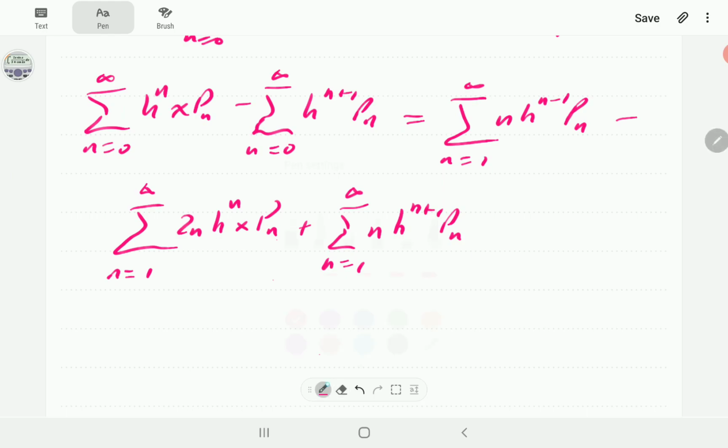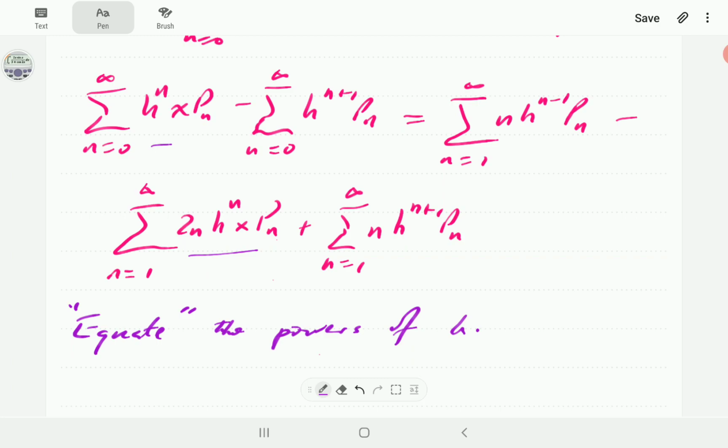So here we're going to equate, I'm going to write this in inverted quotes, the powers of h. So we want to let our target power be h to the power n. So that means this one is already okay. This one is already okay. The other three, we need to manipulate the power of h.